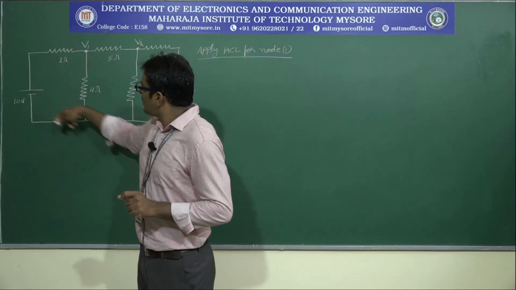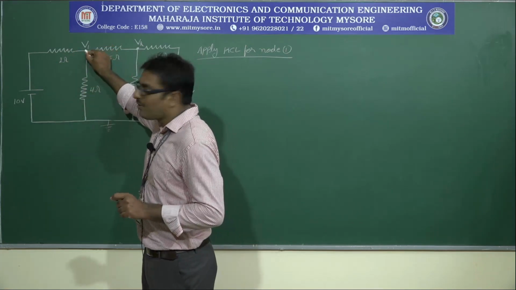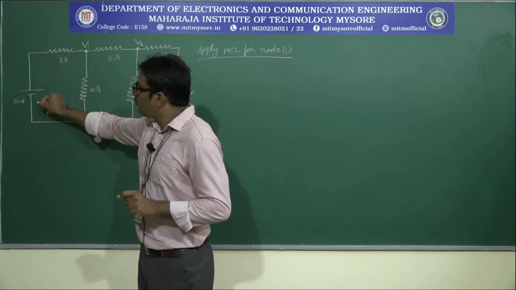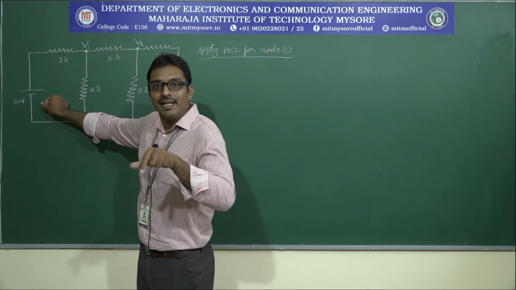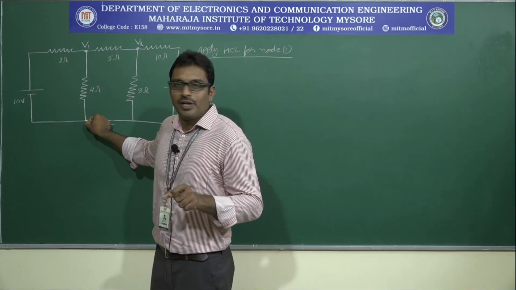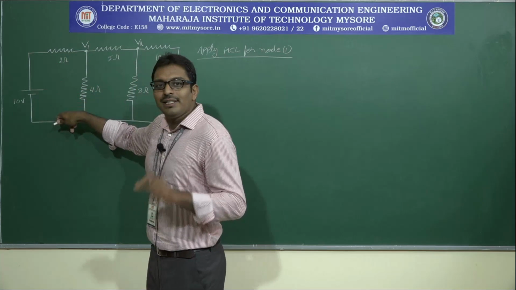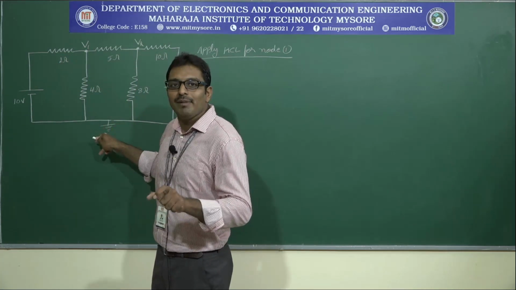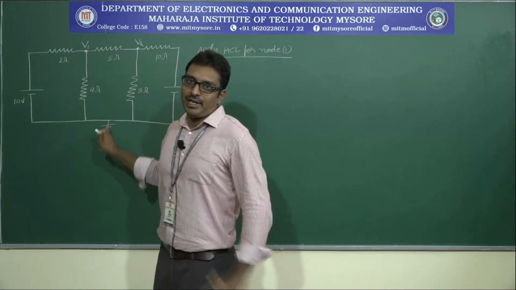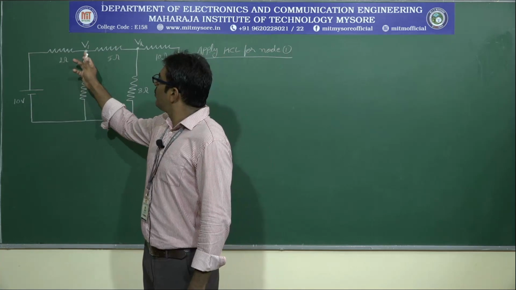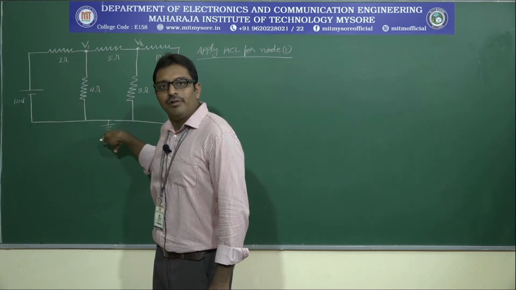See, this branch is between V1, then the 2 ohm resistor is connected, then this 10 volt voltage source is connected in series, and finally that path is connected to the ground point. So the entire branch is connected between V1 and the ground point, and the potential at the ground point is equal to 0. Therefore, the current flows from V1 to ground.